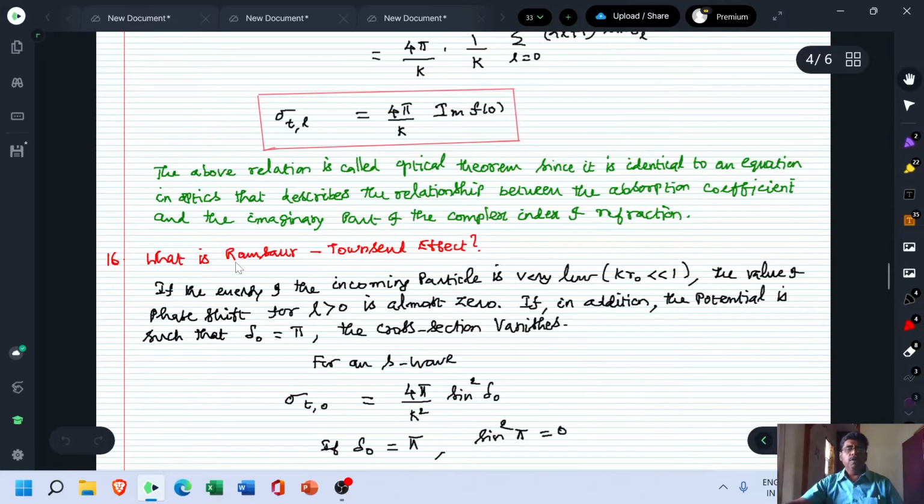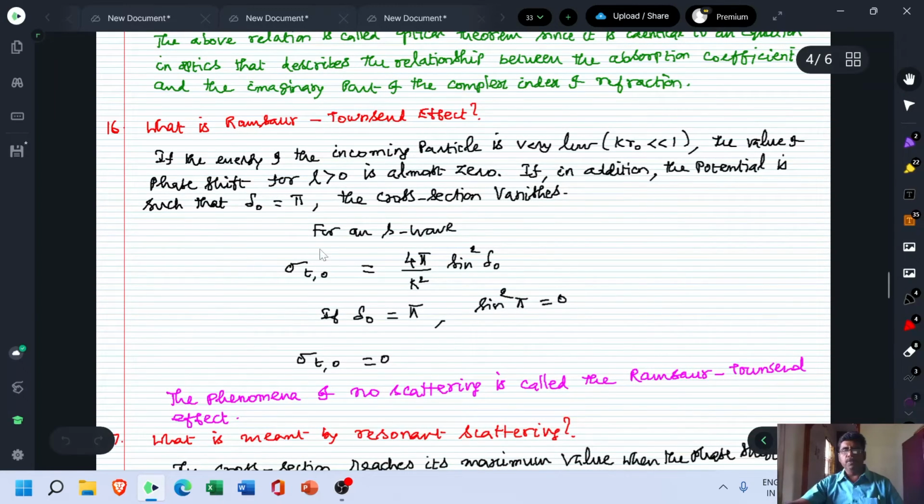Next question is, what is Ramsauer-Townsend effect? Suppose you consider the S wave having very low energy. If the incident particle energy is very low, the scattering is described by S wave alone. If the value of L is greater than 0, then the value of phase shift is 0, because if the incident particle energy is very low, no need to go for higher order.